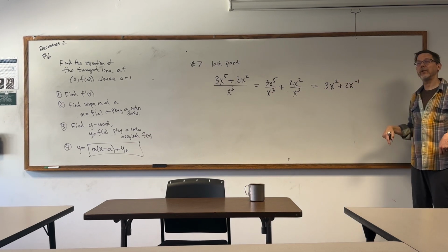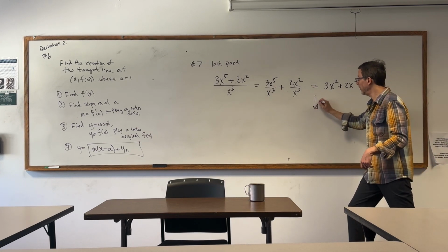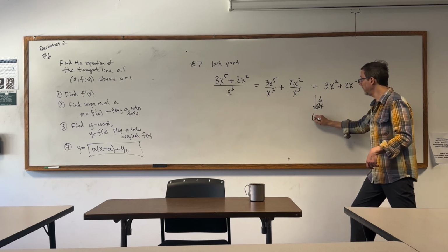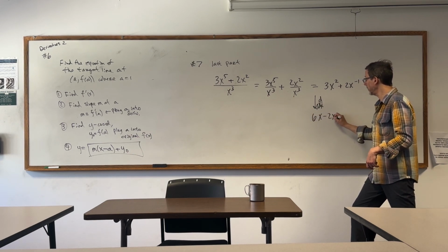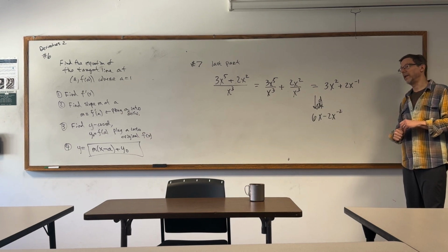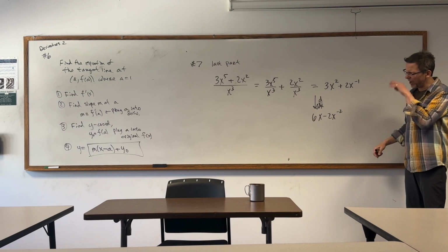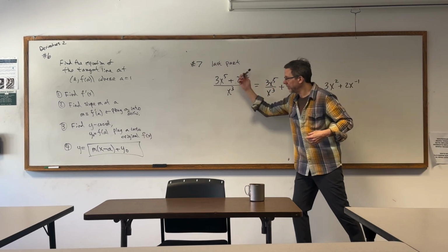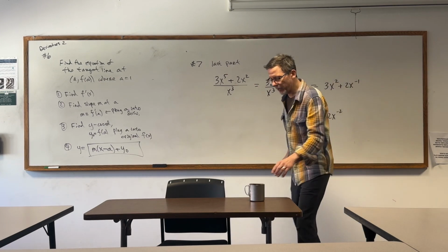And then I would just take the derivative with the power rule. So when I do the derivative, it's going to be 6x minus 2x to the negative 2. So that's what they want you to do on that weird sounding second part of number 7. Break the fraction apart, make life good.